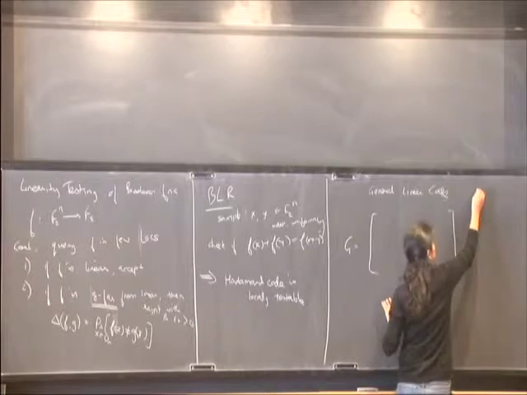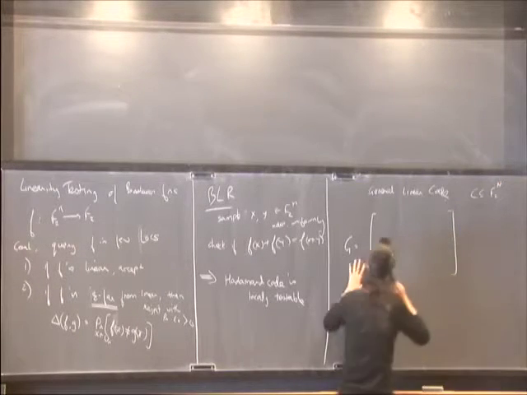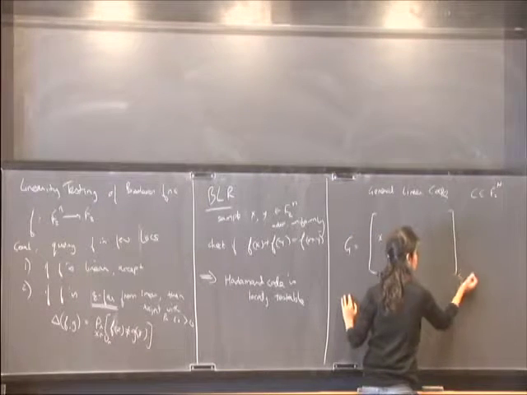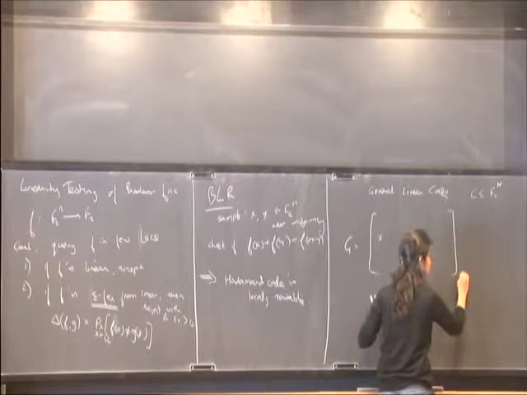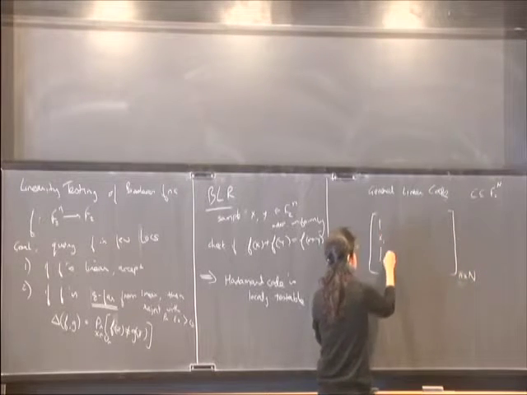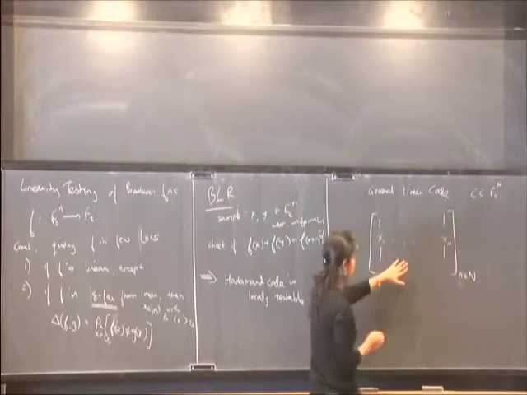We have C, again some subset of F2 to the n, and the code has dimension little n, so this is a little n by capital N matrix. It will have capital N many columns.